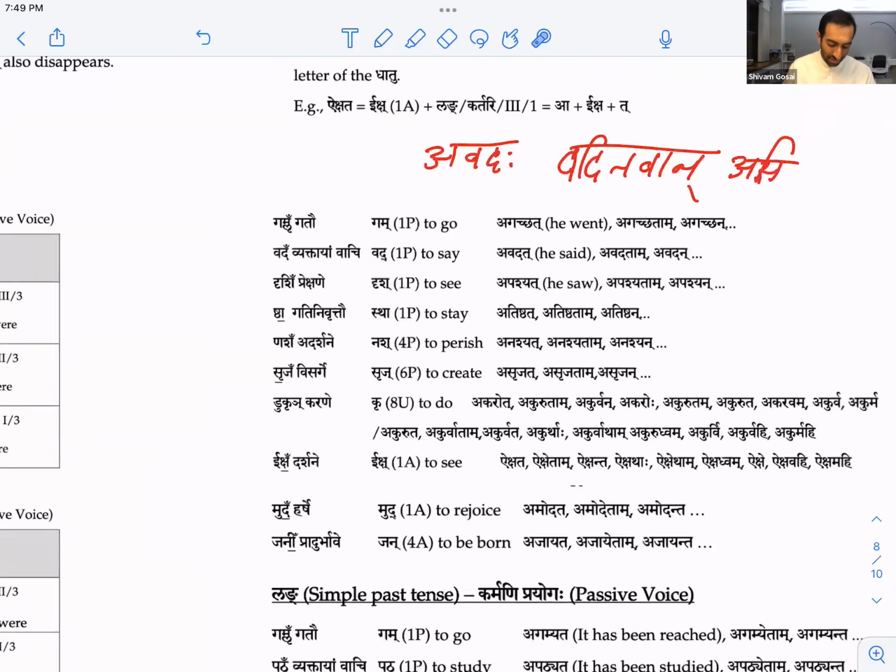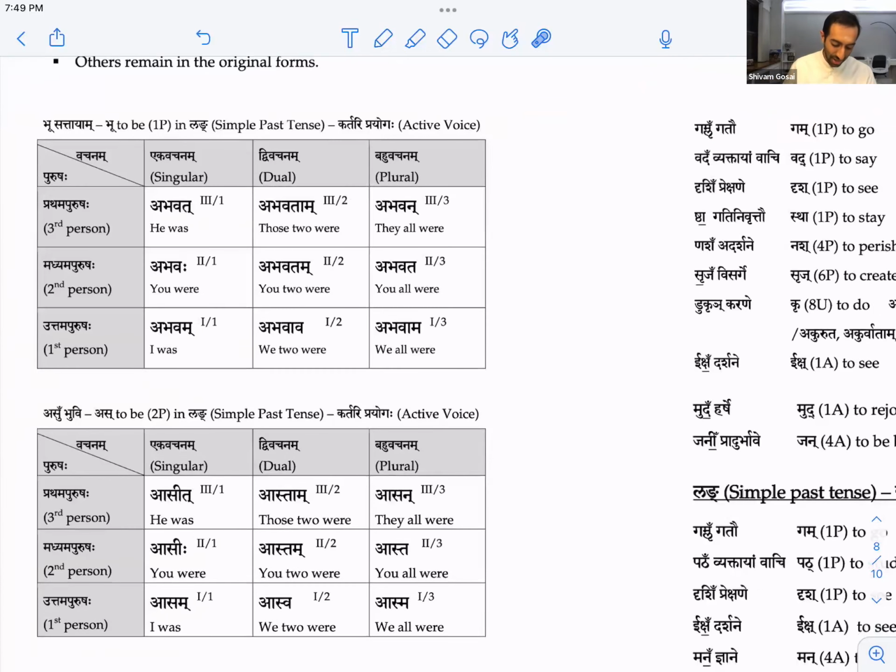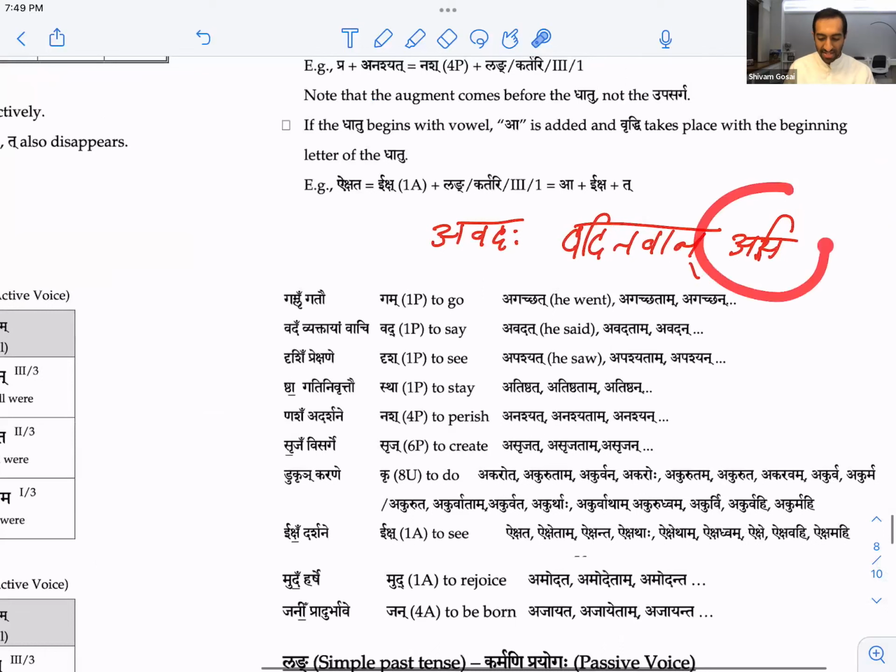But you can also give, if you're trying to describe any of these, you can do that as well. You just have to have asi or asmi afterwards to denote which Purusha you're describing.